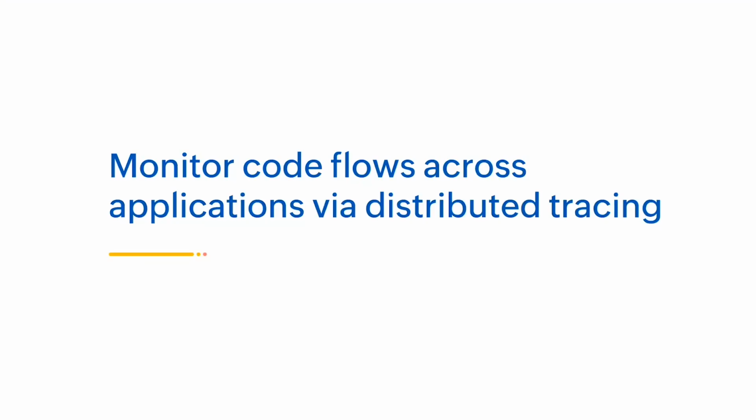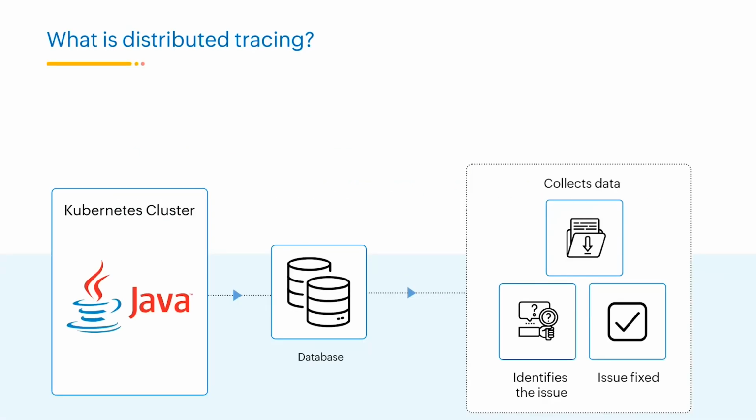Monitor code flow across applications via distributed tracing. What is distributed tracing? In a microservice architecture, it is necessary to monitor the transactions made between two or more applications or services. In this case, with the help of the distributed tracing feature, you can track the transactions made between two or more applications, which is called cross-application tracing.